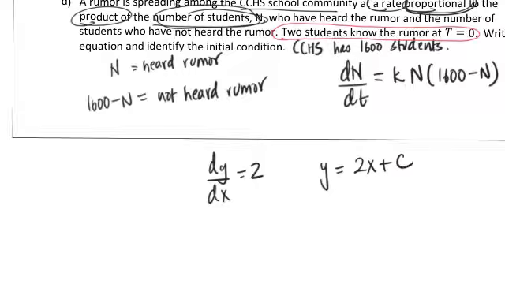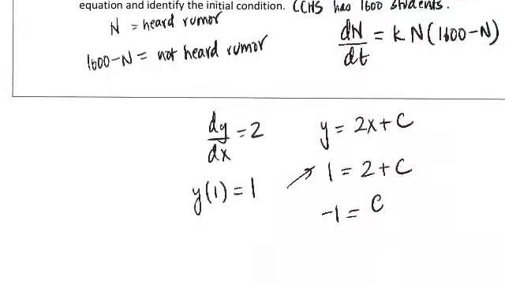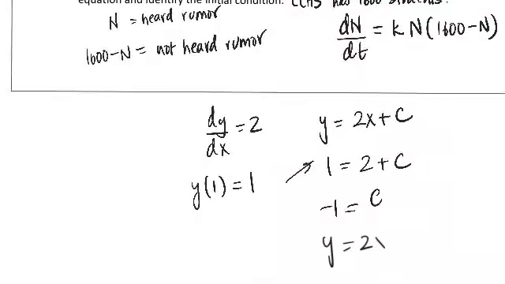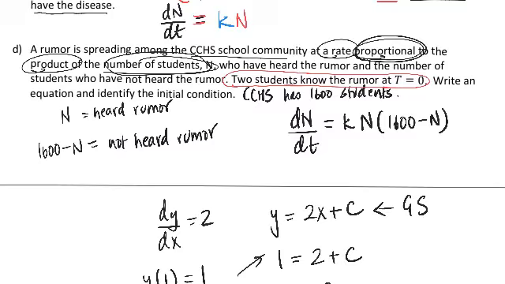But if I tell you that y of 1 is equal to 1, then you can go in here and put in the numbers and solve for c and get a particular solution, right? So this would be the general solution, and this would be the particular solution. We've come across this before. So sometimes a differential equation will have an initial condition like this, and that is in order to help us when we solve it to solve for the constants.